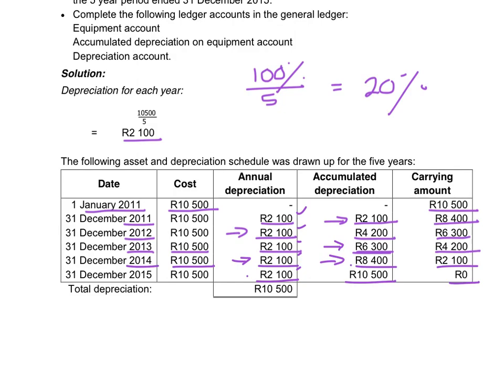So you will take the cost price less the accumulated depreciation to work out the carrying value. If we work on the cost price method, it means that we want to write off this asset over a period of 5 years. So the end value must be naught, and your total accumulated depreciation after 5 years must be 10,500, because you want to write off this full cost price of 10,500.